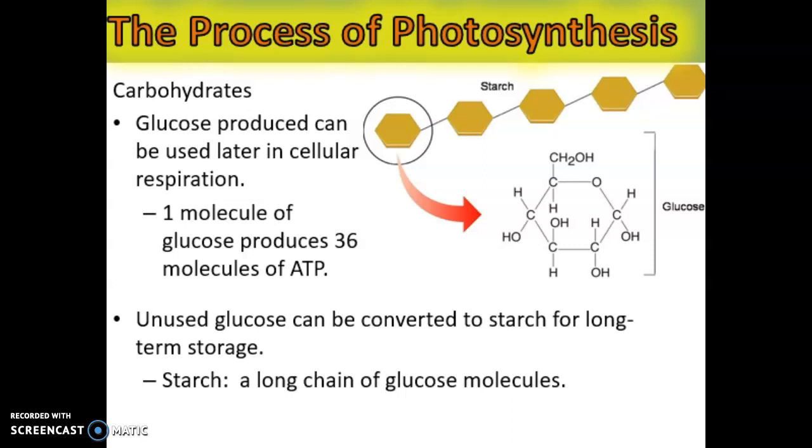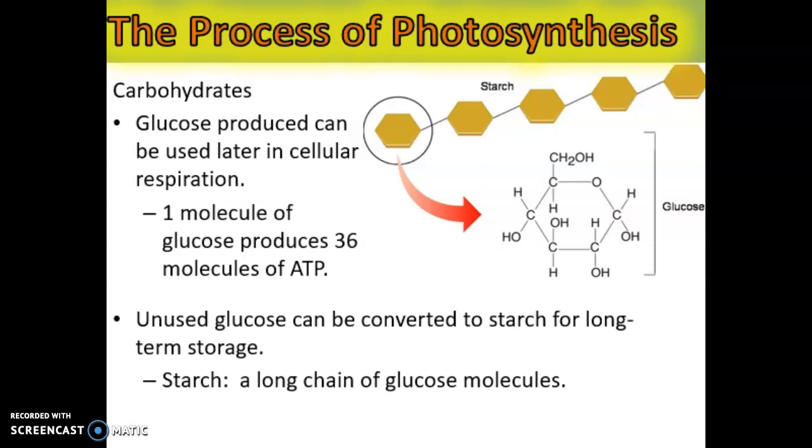One molecule of glucose has enough energy to recharge 36 molecules of ATP. Now, sometimes when plants have plenty of sunlight and plenty of water and plenty of carbon dioxide, they're able to make glucose much faster than they could possibly use it. So now they actually want to store their glucose for really long-term energy.